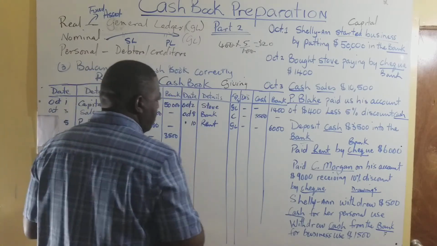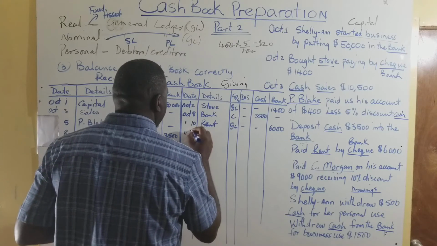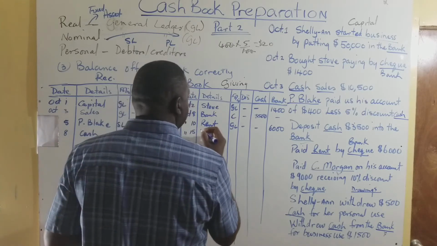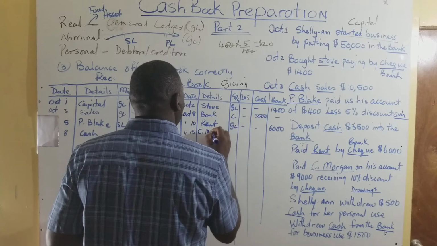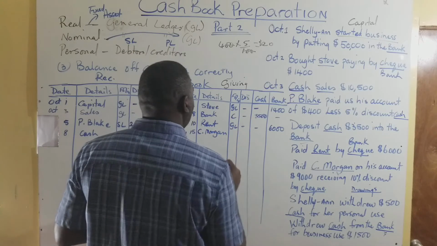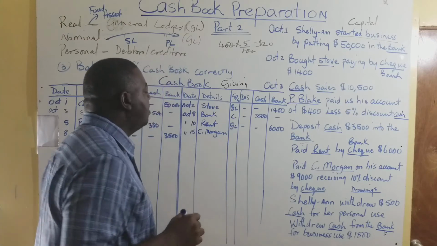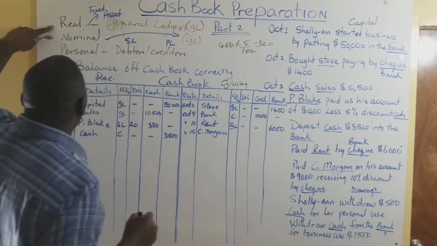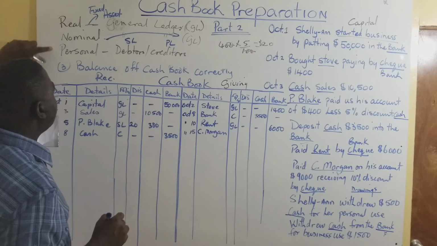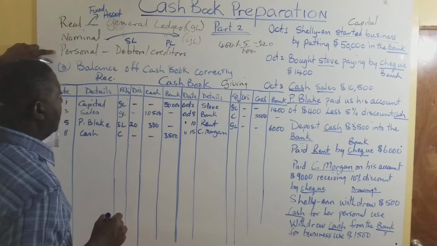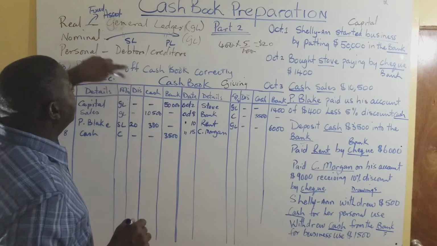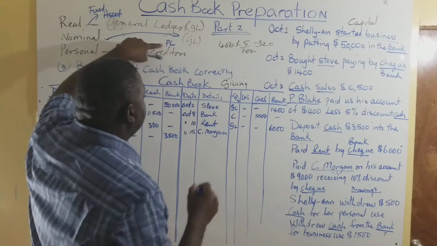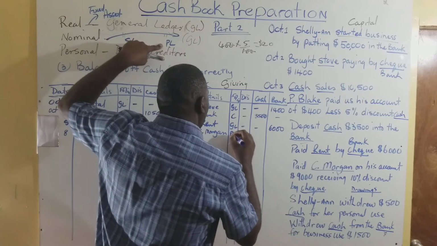So we come to the 15th, C. Morgan. Now, what are we going to put in the folio? C. Morgan is not a real account, not a nominal account, but a personal account. And C. Morgan is not a debtor, but a what? A creditor. If he's a creditor, it must be PL, because we're paying.